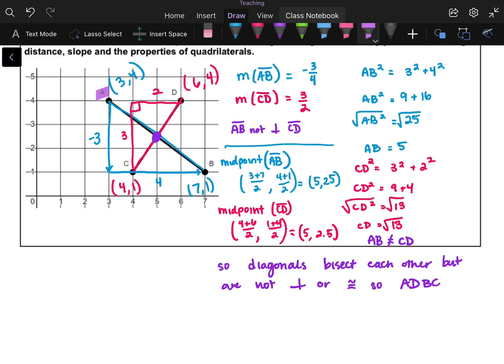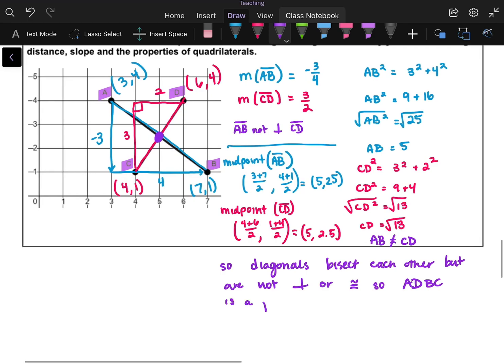We go from A to D to B to C. So remember, you have to follow that order. We can't just jump across to B. So quadrilateral ADBC is a parallelogram. Again, that's the most specific we can be based on all of those properties that we looked at.